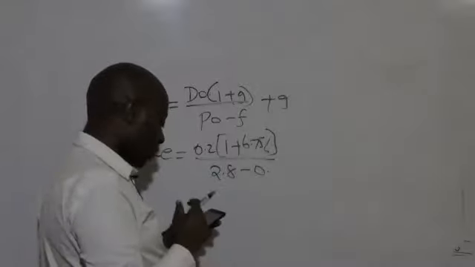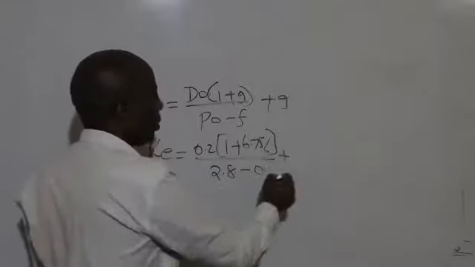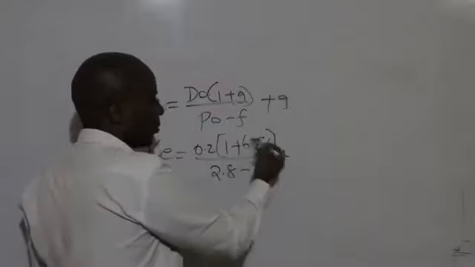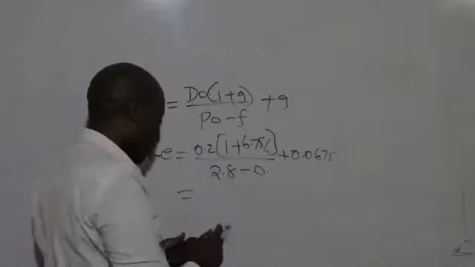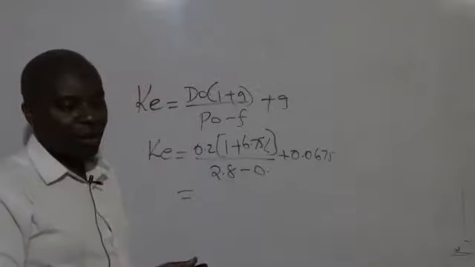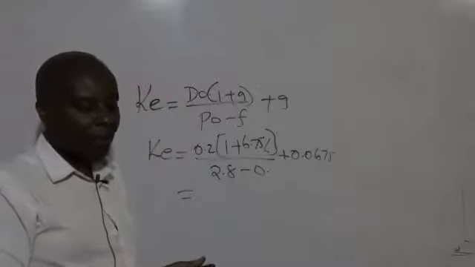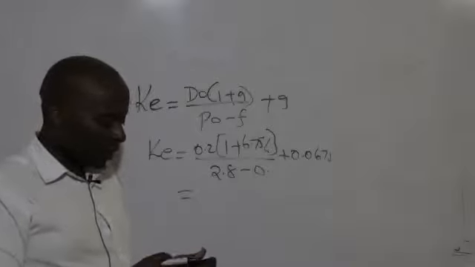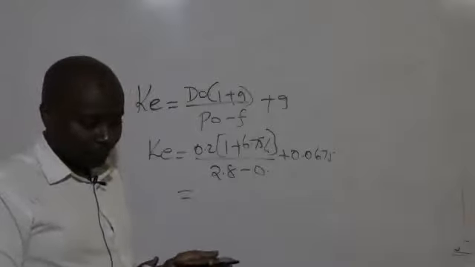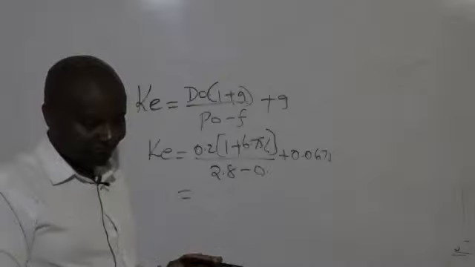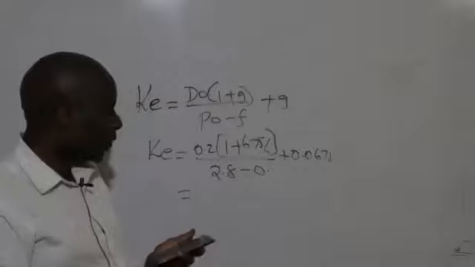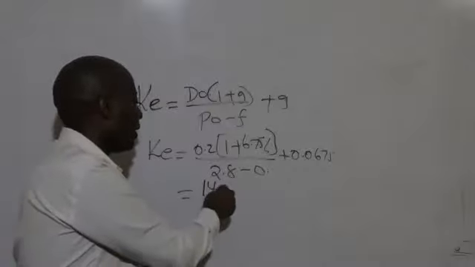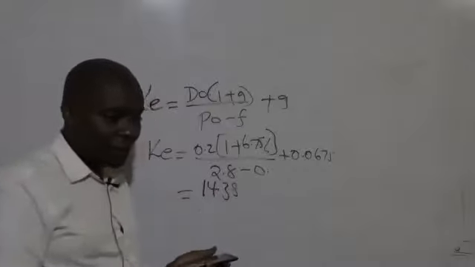Plus our growth rate, which is 0.0675. So would you kindly give us an answer at the end of the day? What do we have here? 14.38. Is there anybody who got this answer much earlier?